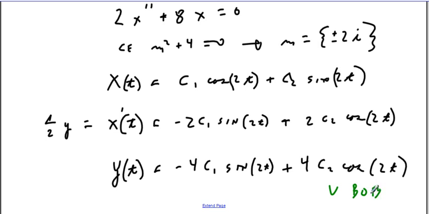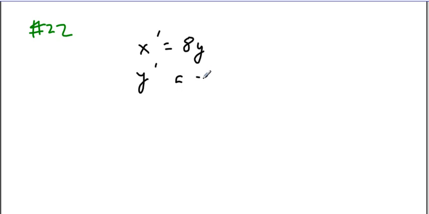Looking at number 22. x prime is equal to 8y. y prime is equal to minus 2x.